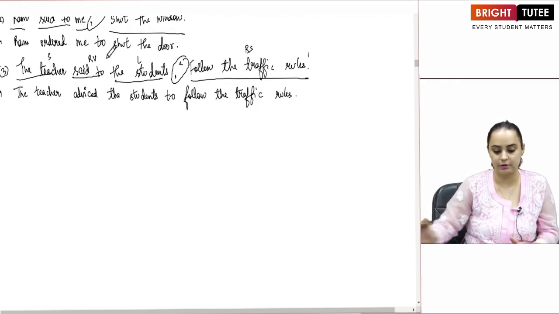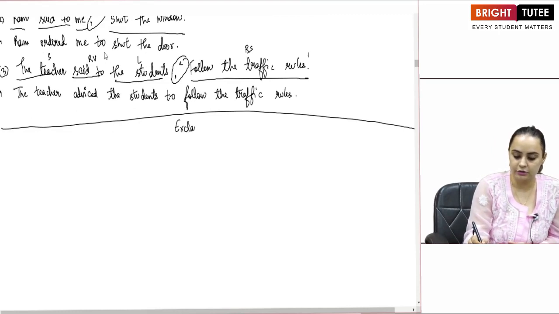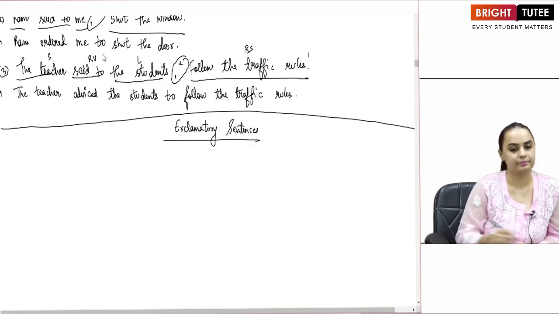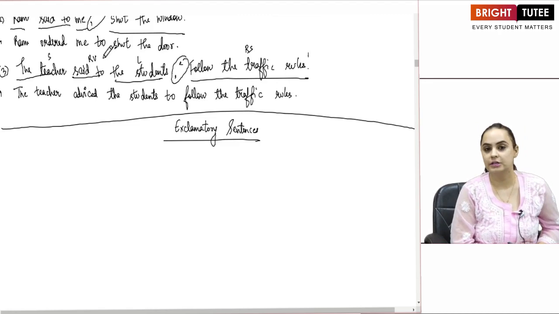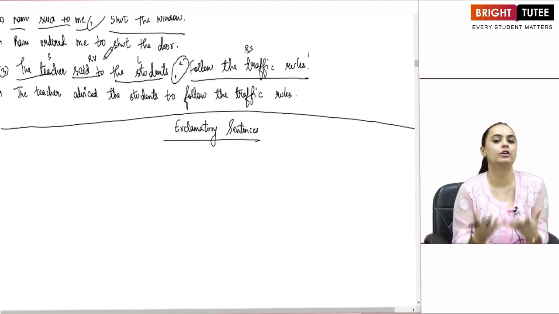The last type of sentences that we have are exclamatory sentences. Now what are exclamatory sentences? Those sentences with the help of which you are expressing some very strong emotion.